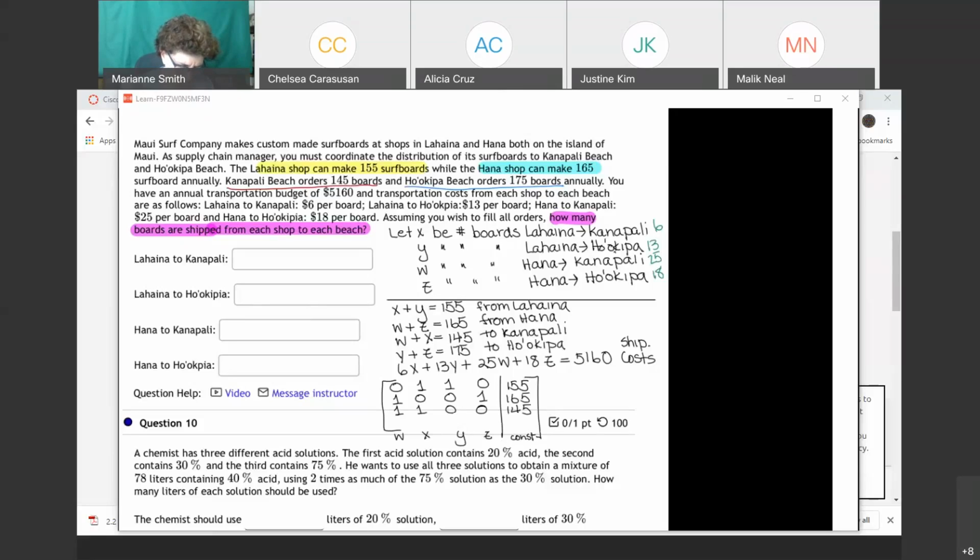Okay, then I have a Y and a Z, so that's 0, 0, Y, Z, 175. And the last one, again, be very careful where you're putting your numbers, okay? 6 goes with X, 13 goes with Y, 25 goes with W, and 18 goes with Z, 5160. Okay?